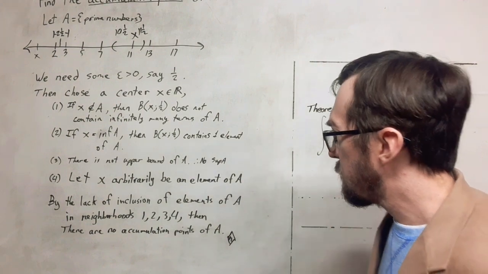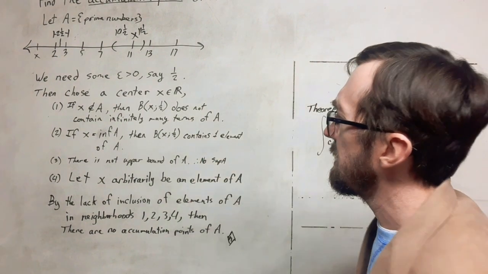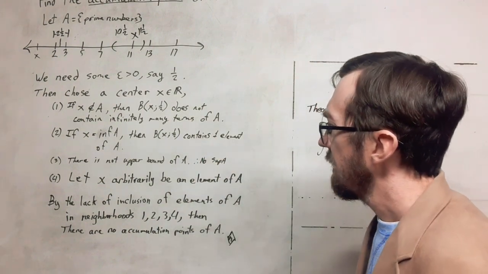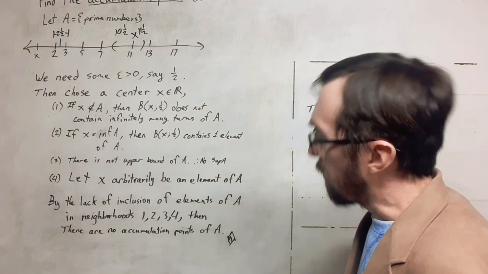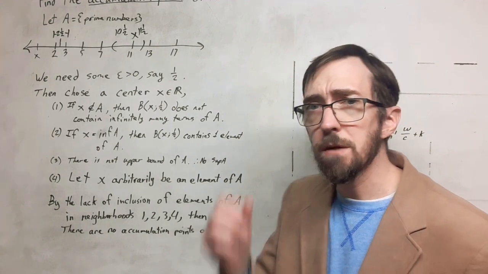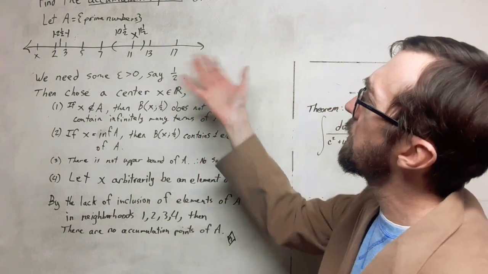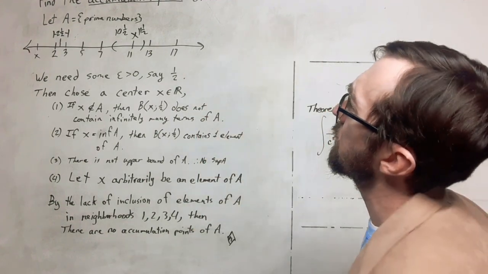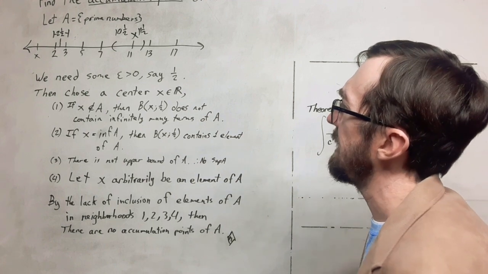All right, so I've done this as a 4-step process to allow me to slow down and think about what is going on in the search for accumulation points of a set.